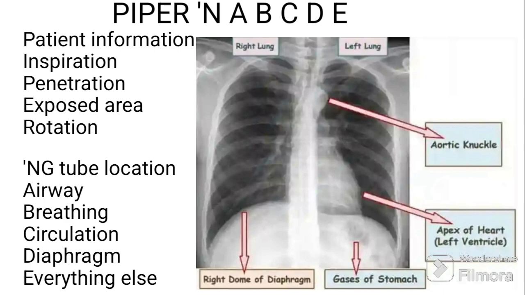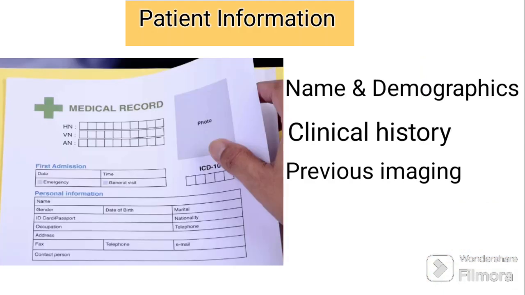Now we will review each of these in turn, beginning with the patient's information. Patient information should include name, review of clinical history, and previous imaging, as this may provide valuable evidence in support of your initial diagnosis.